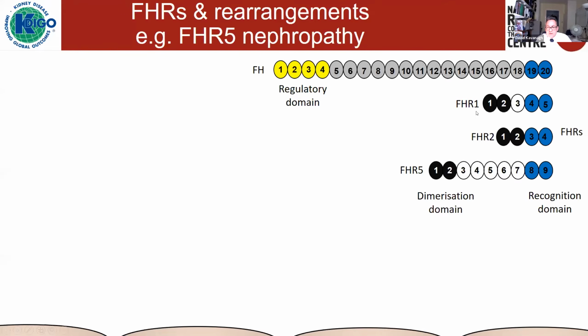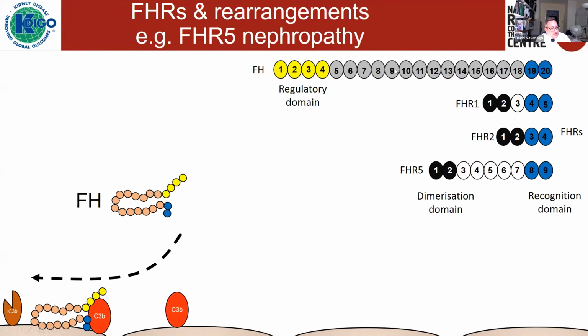All these hybrid genes in C3G tend to have this dimerization domain. And this is a very interesting domain in that it's recently been described to allow these proteins to dimerize. You can get various different dimerization between these 3 different proteins. And what you would normally get for regulation is factor H downregulating C3b and iC3b with its cofactor.